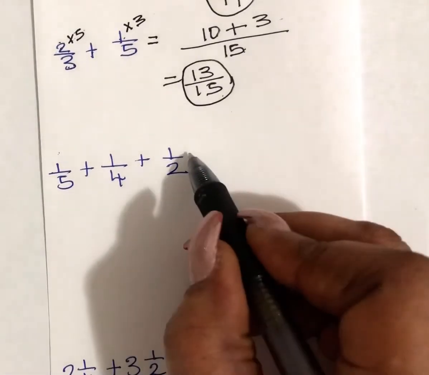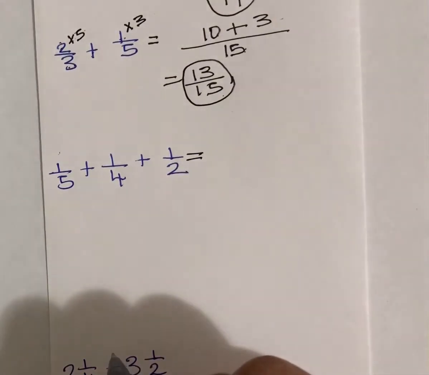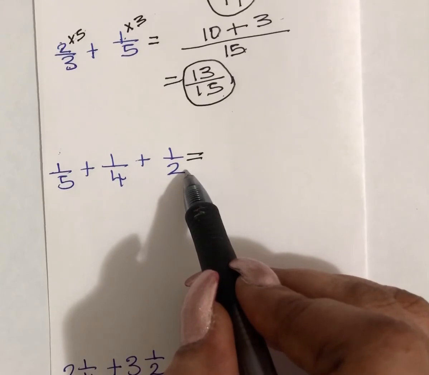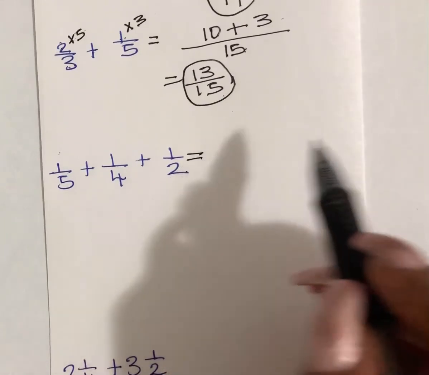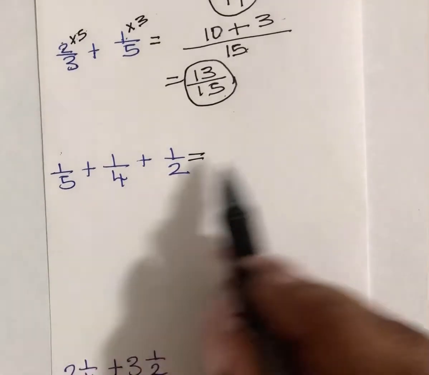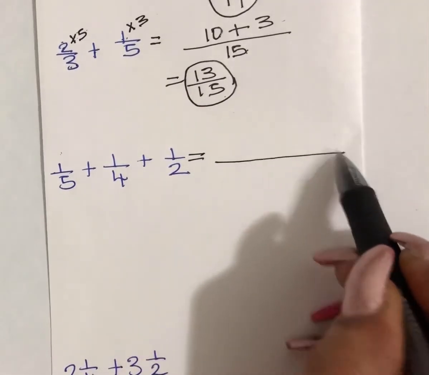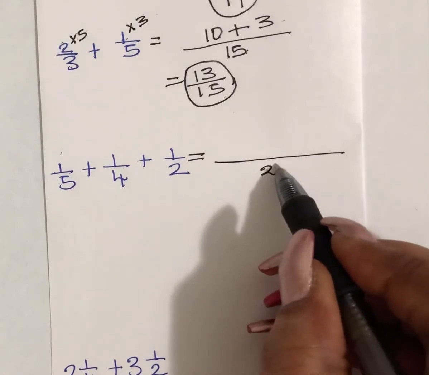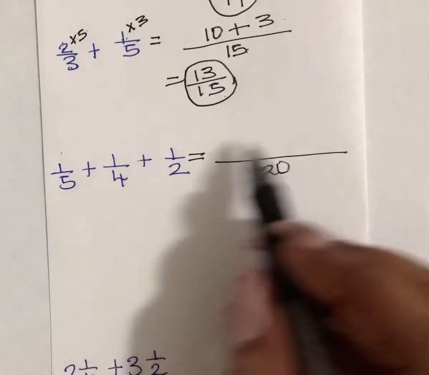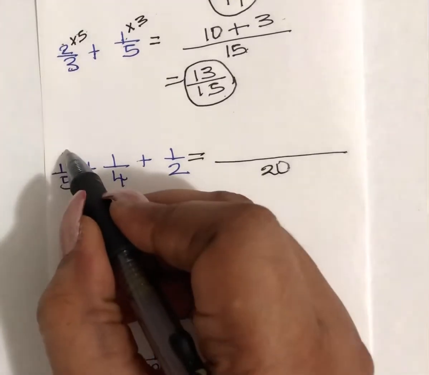Question number 4. Denominators are not alike. Using the concept of LCD, lowest common denominator, we can say our LCD is 20. How many times does 5 go into 20?